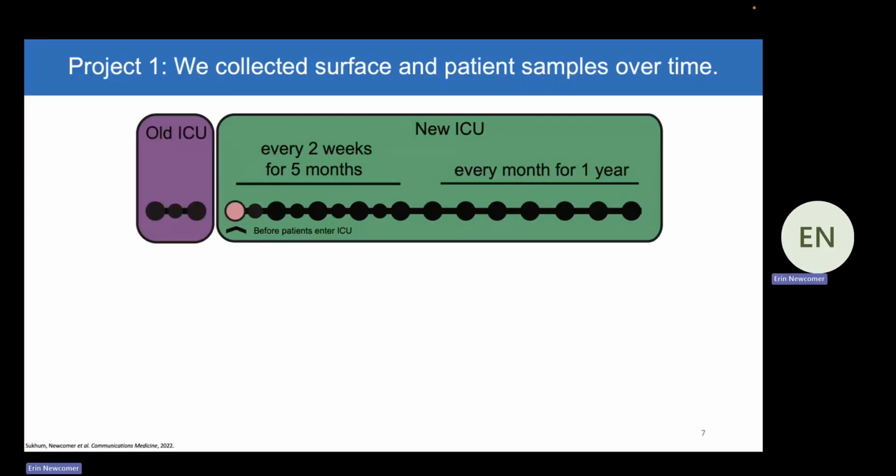In project one, we collected surface and patient samples over time. We had the opportunity to sample an old ICU for its last month of operation before it was closed down, and also a new ICU before patients and staff moved in, and then across its whole first year of operation.